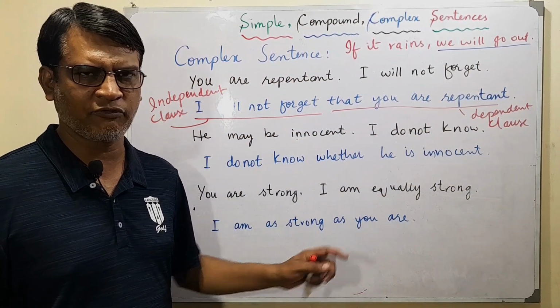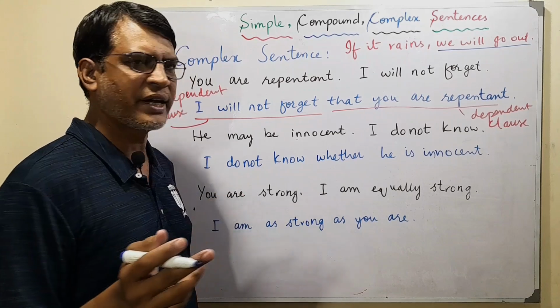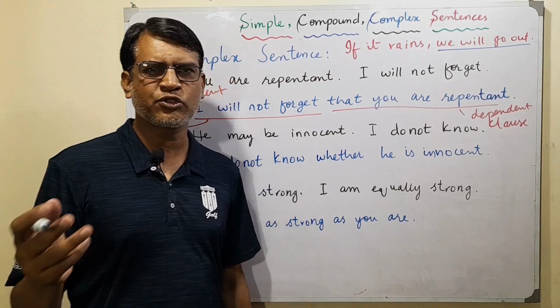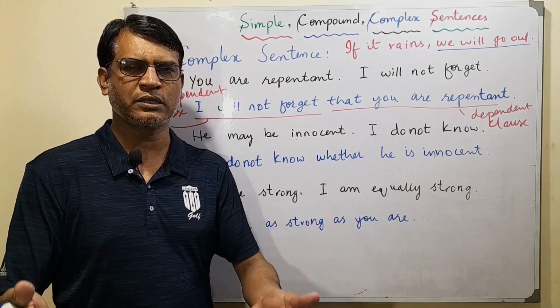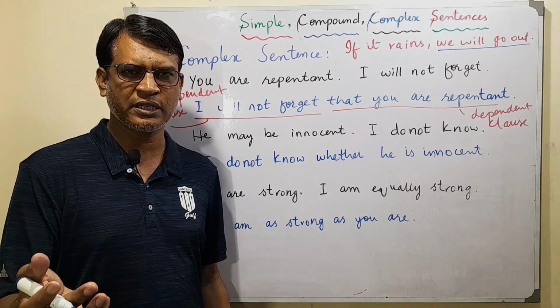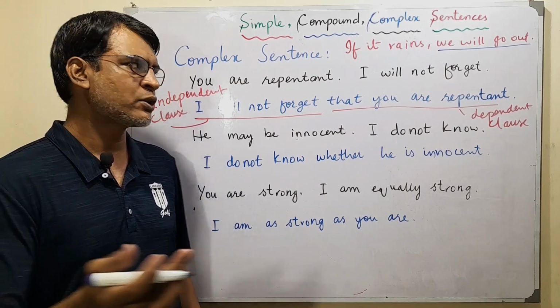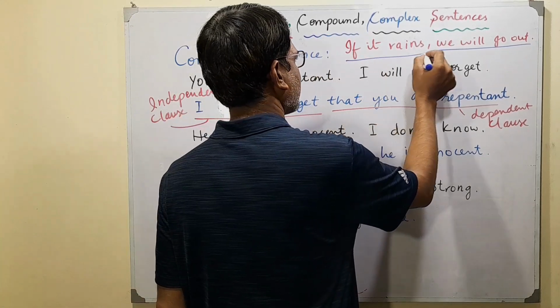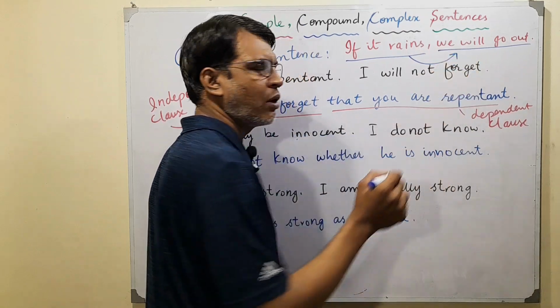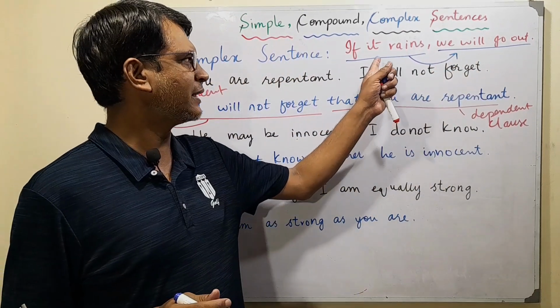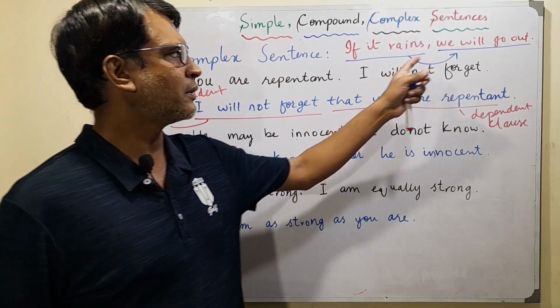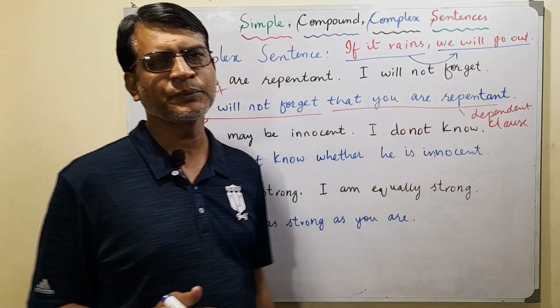The meaning is clear. "If it rains." Now, if somebody says, "If it rains," then we say, okay, what? So what? What comes next? If it rains, what? So this part has to depend on that part, which means dependent clause depends on independent clause.